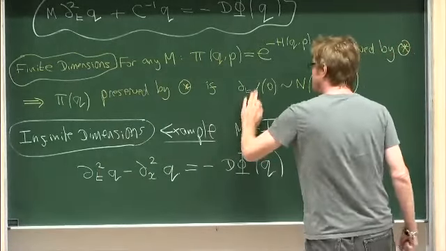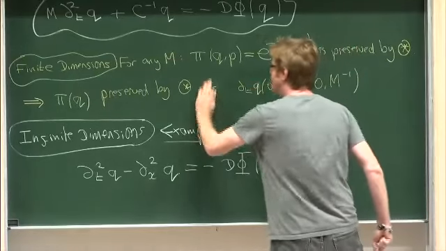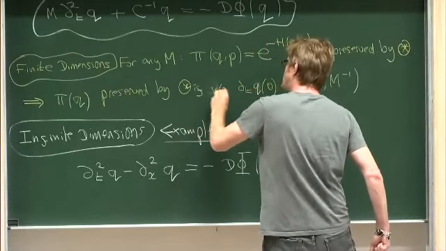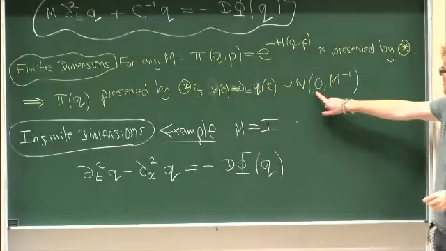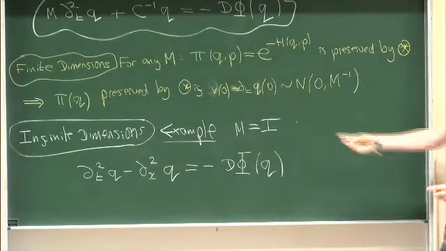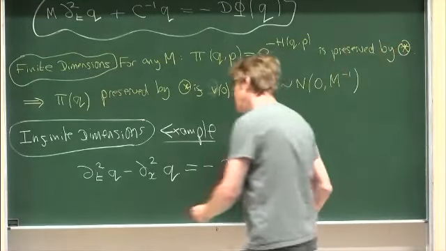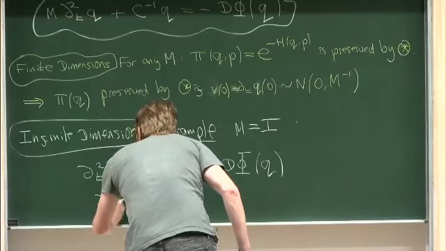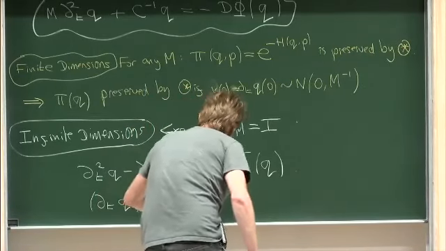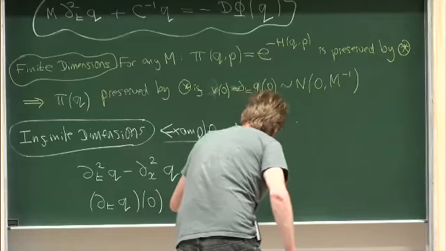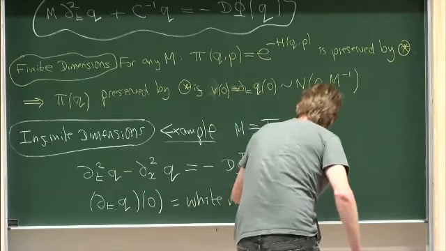This should have been the initial velocity. We're choosing the initial velocity to be something with covariance operator the identity. That means that the velocity is white noise. So the initial condition for this equation would be a white noise, which is not in L2.